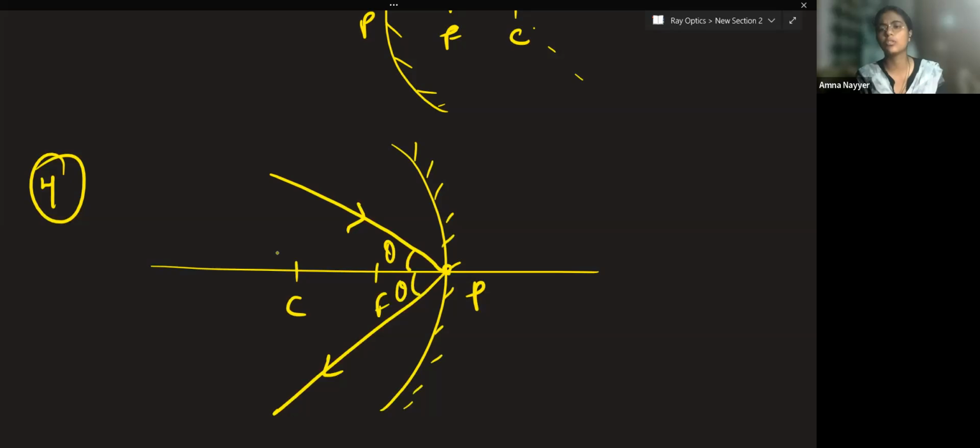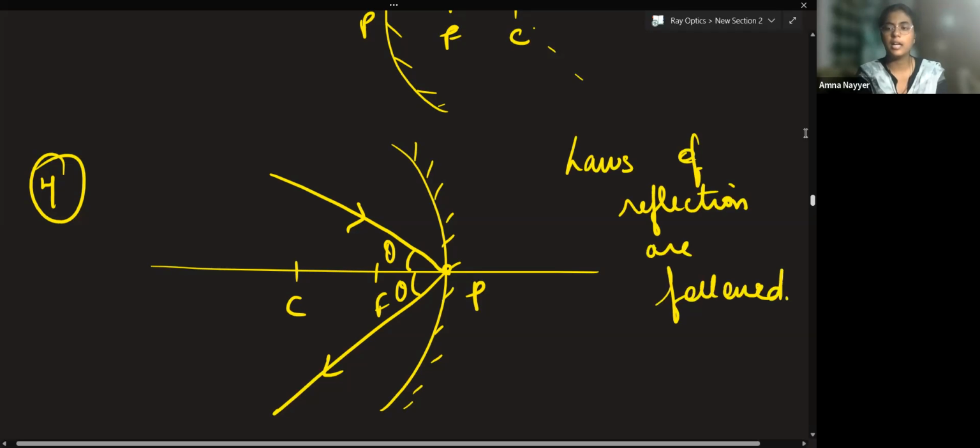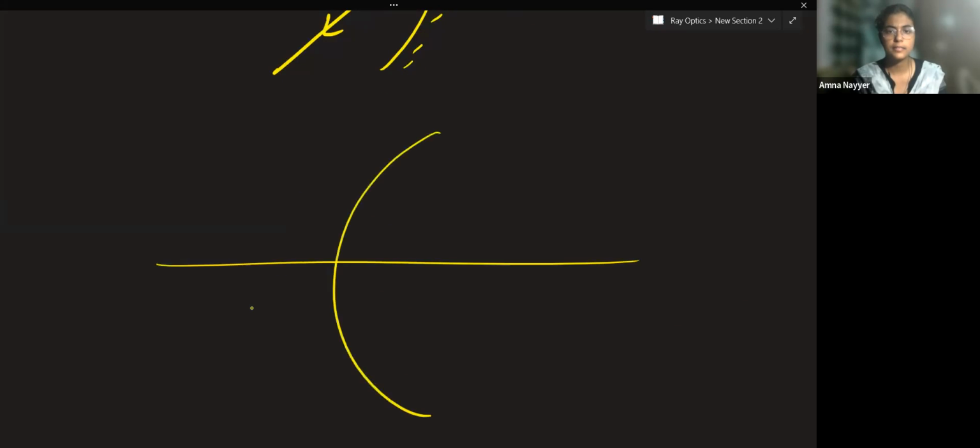It follows laws of reflection. In this case also, for convex also you can draw. This is the pole, this is focus, the center of curvature.